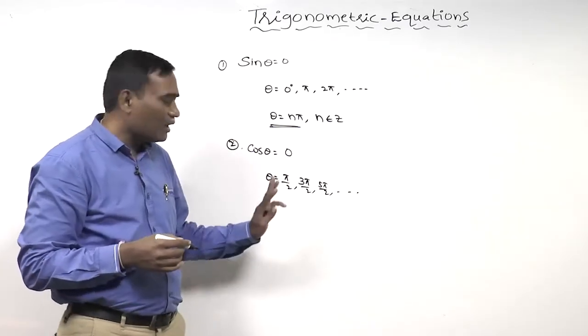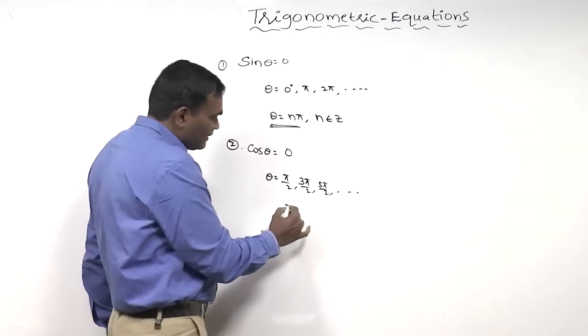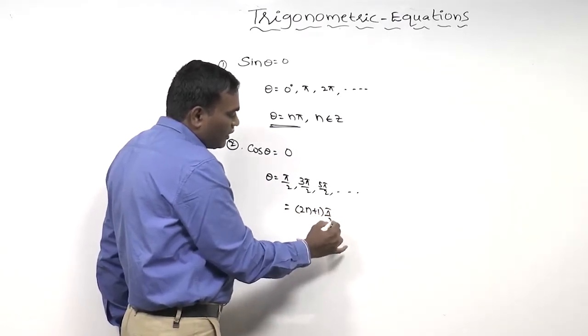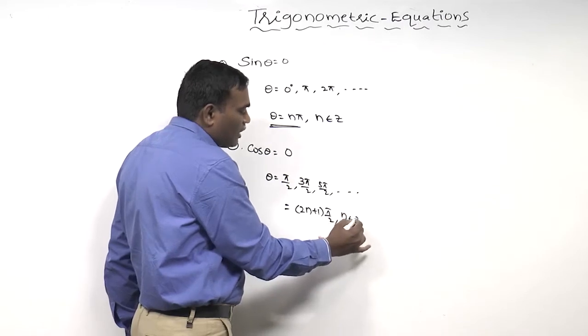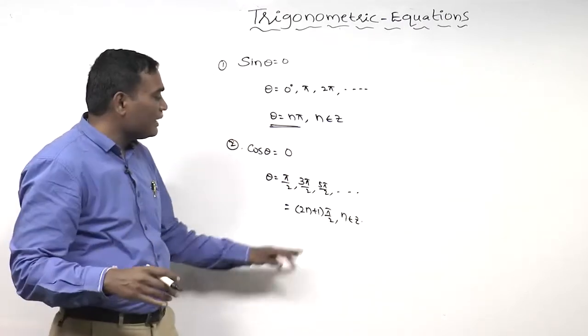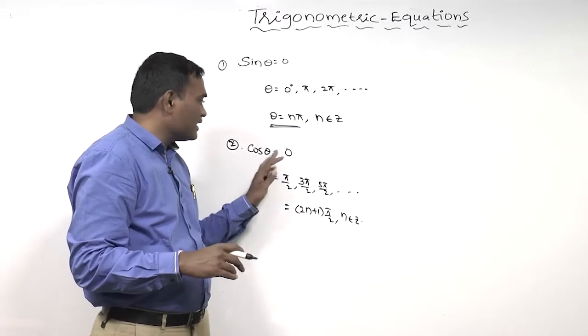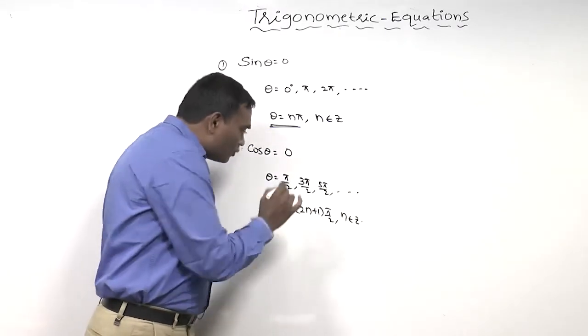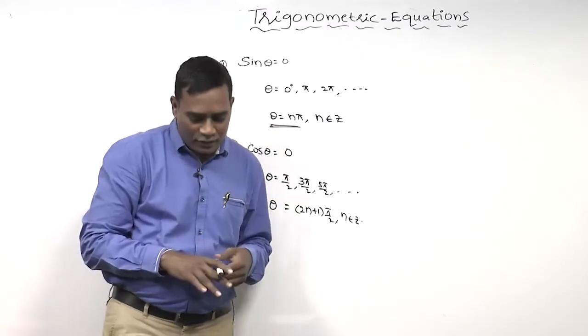We can write this as theta is equal to (2n plus 1) into pi by 2, where n belongs to Z. That means for all integers n, cos theta is 0 when theta is equal to (2n plus 1) into pi by 2.